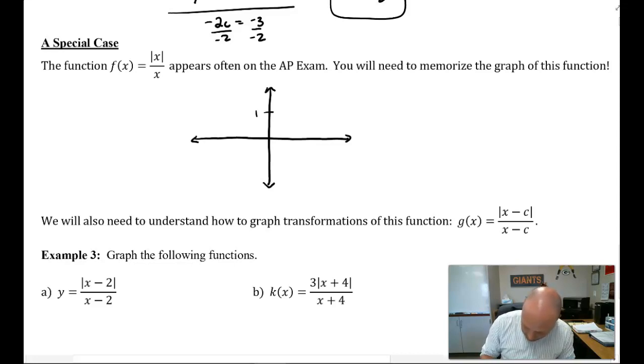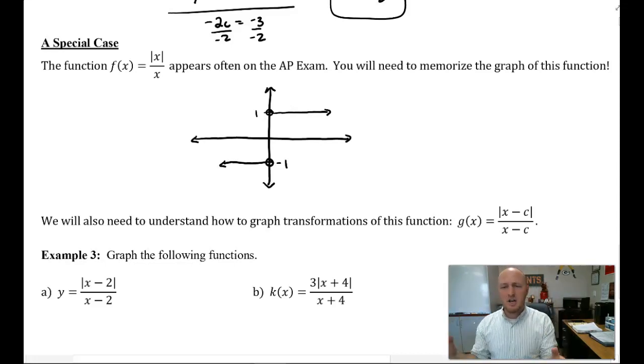Here's 1, here's negative 1, and I have an open circle, right? It's undefined at 0. And then to the left, it looks like this. Anything of this structure looks just like this. It does not change. Well, it does change. I'm going to change it on you in a second. But it has that same setup, okay?